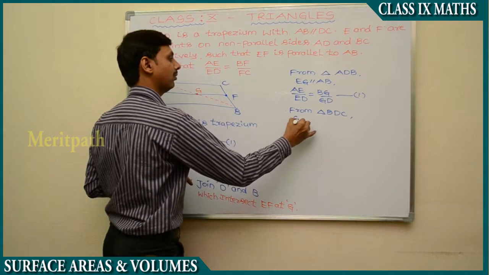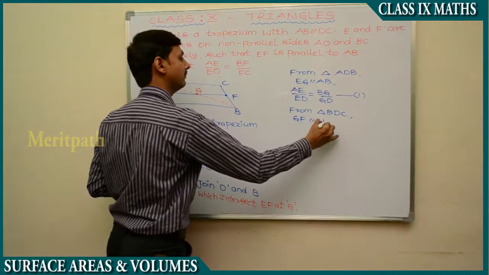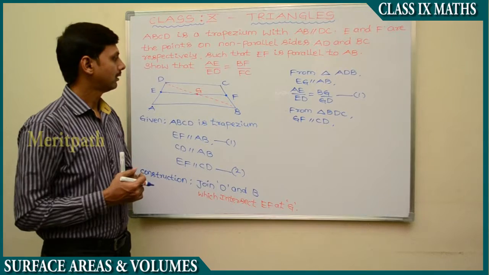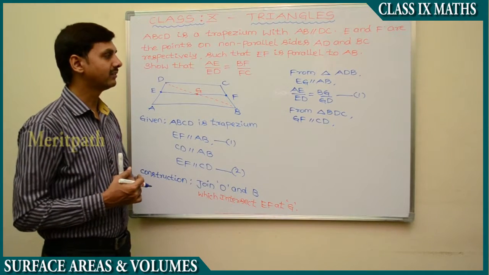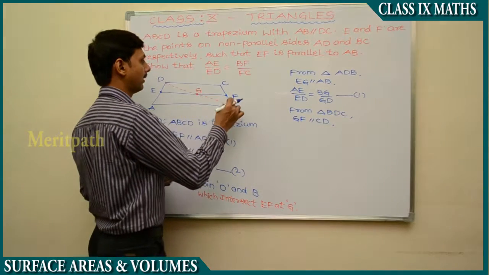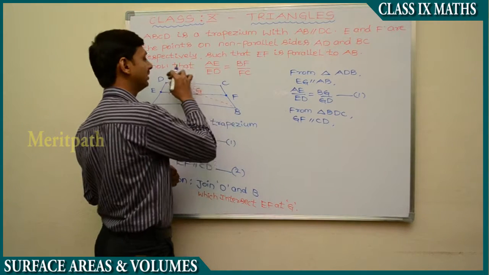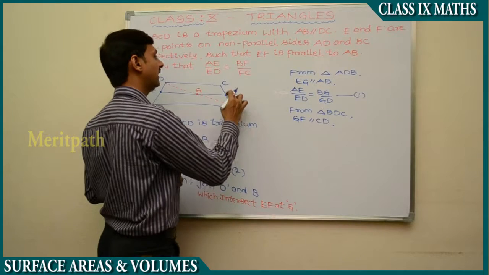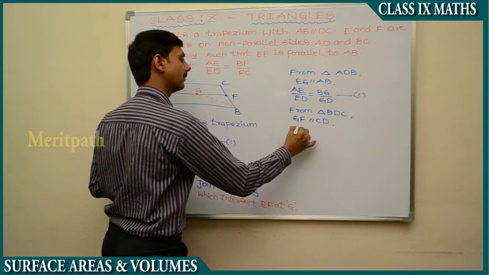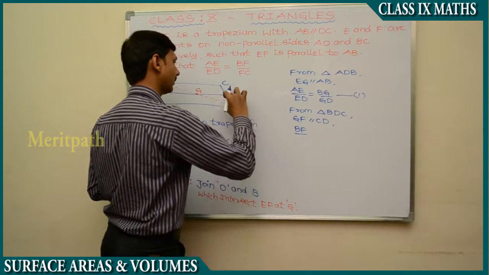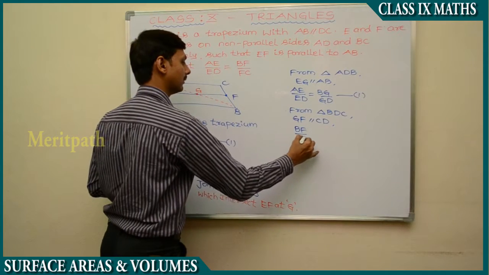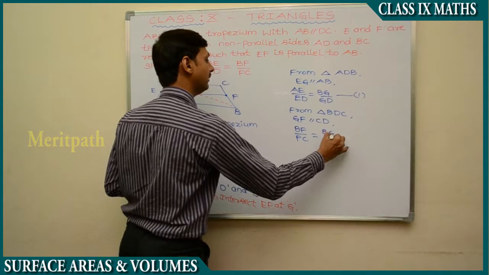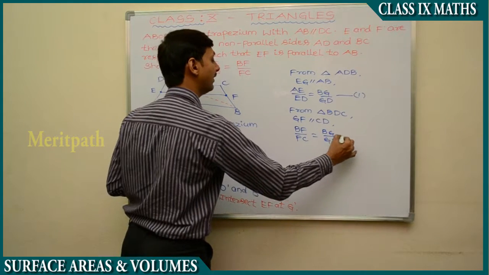When this is parallel, we use the BPT. So BG by GD is equal to BF by FC. So BF by FC is equal to BG by GD.